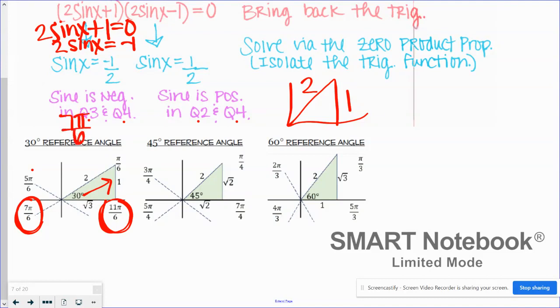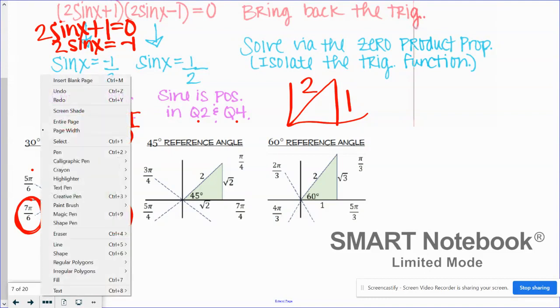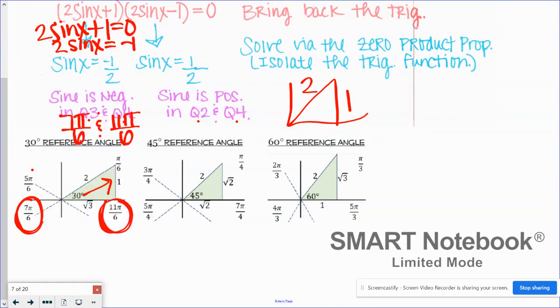And then when it comes to the second half of the problem, sine is positive in quadrants 1 and 2. So that would be pi over 6 in quadrant 1 and 5 pi over 6 in quadrant 2. So it's all four of these angles. That's what the solution is.